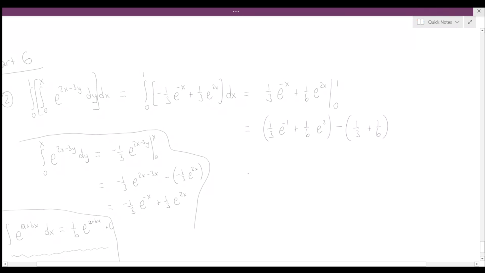And there's not much you can do to simplify. Can't really do anything with this first part. Don't know if you'd really need to simplify, but if you were to, 1/3 is 2/6, and then 2/6 plus 1/6 is 3/6, which would then be 1/2, okay?